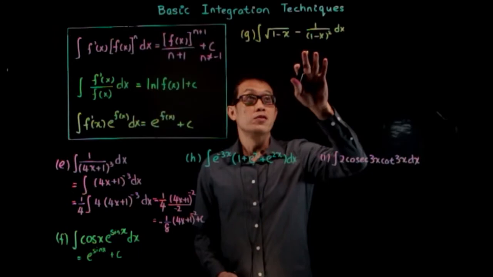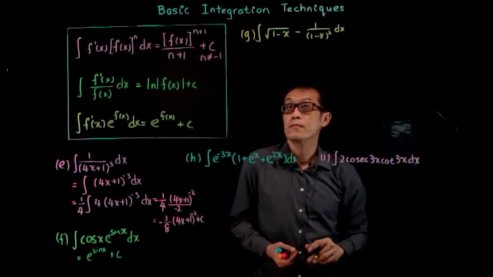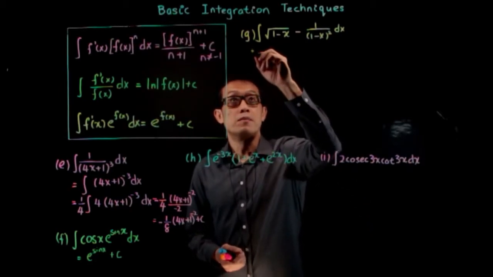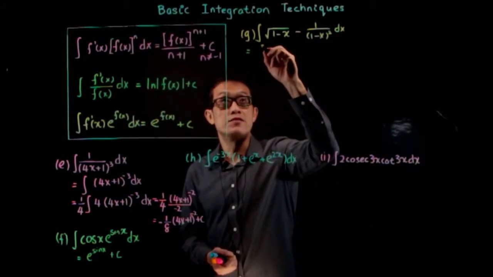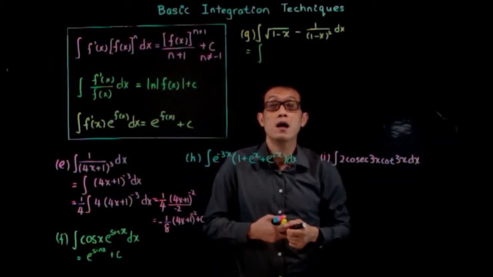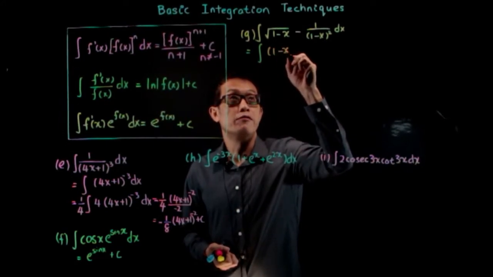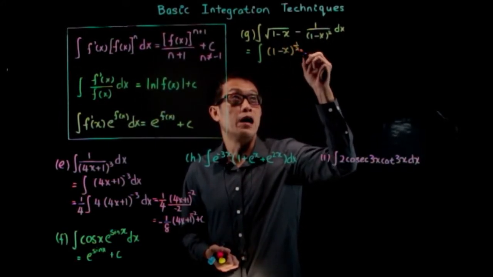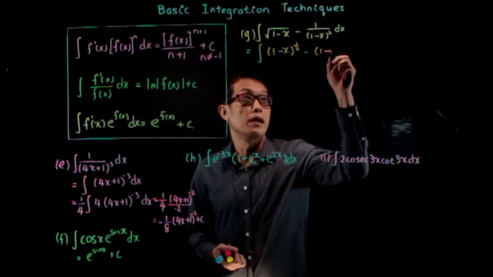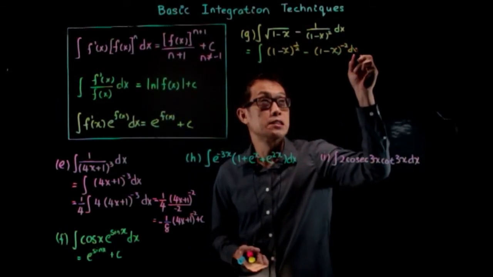Now let's move on to this example. Perhaps we can rewrite it in this form. Let me change the color. The root, you can write it as to the power of half, times (1 minus x) to the power of minus 2 dx.